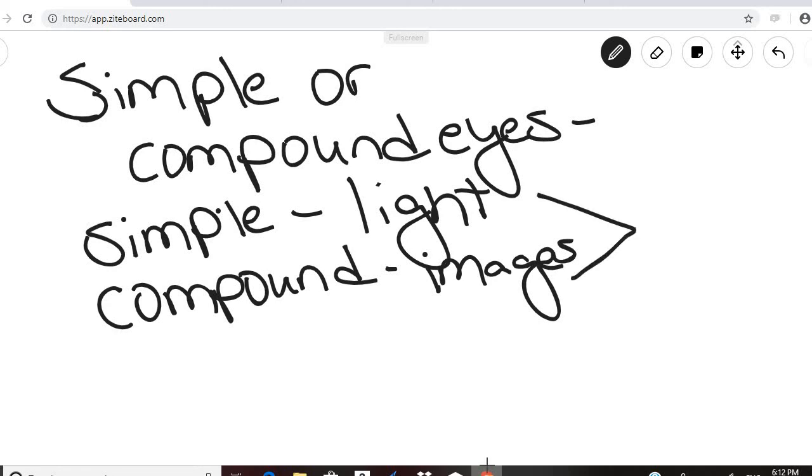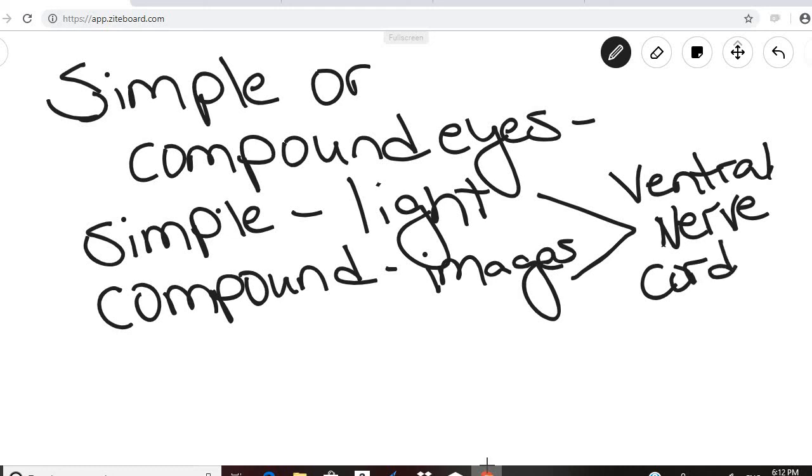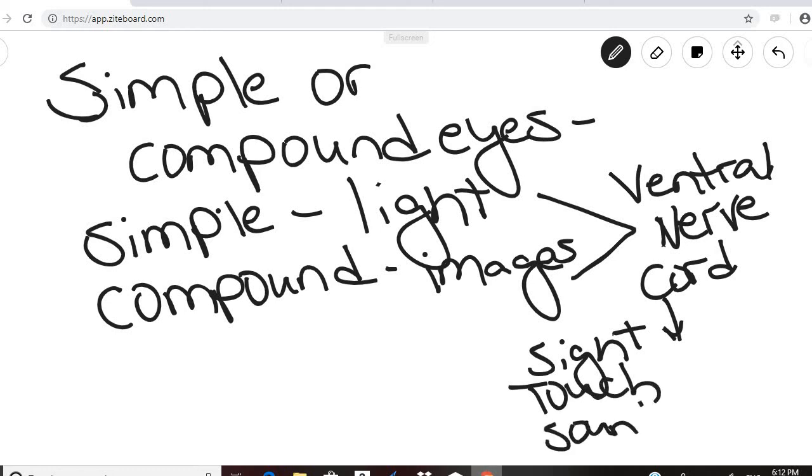Any information that is gleaned from the eyes would then be sent to the ventral nerve cord, and then the insect uses that information. This ventral nerve cord is receiving information about sight, touch, sound, vibrations, and smell, as some insects can smell.